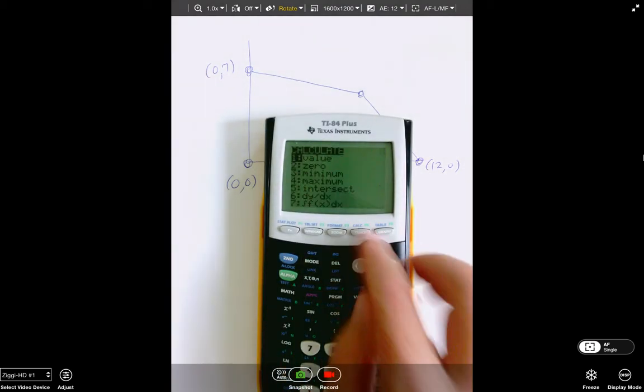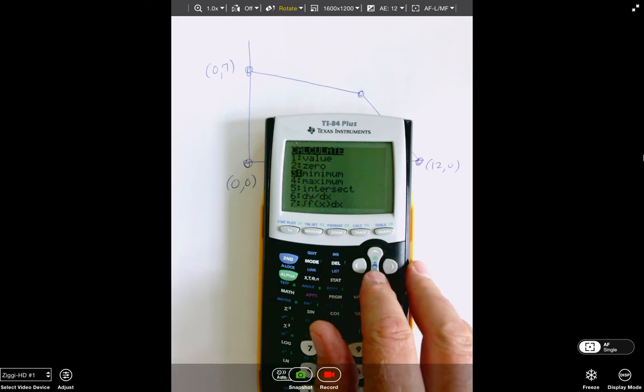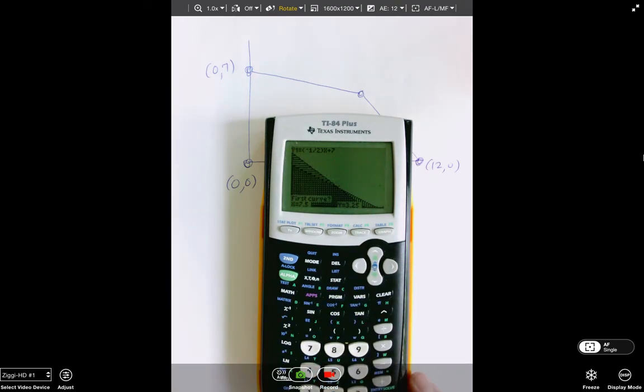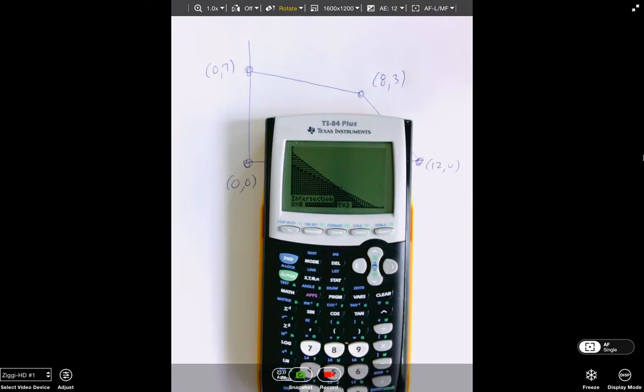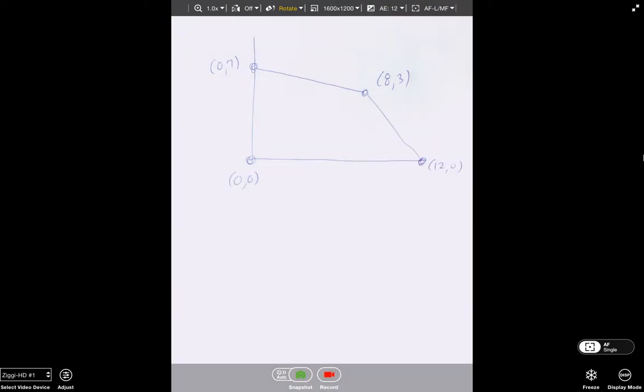Second function calc, just like before. Come down to intersect, and guys, just keep hitting enter. You don't have to do anything fancy until you see intersect come up. And it looks like the intersecting point is 8, 3.